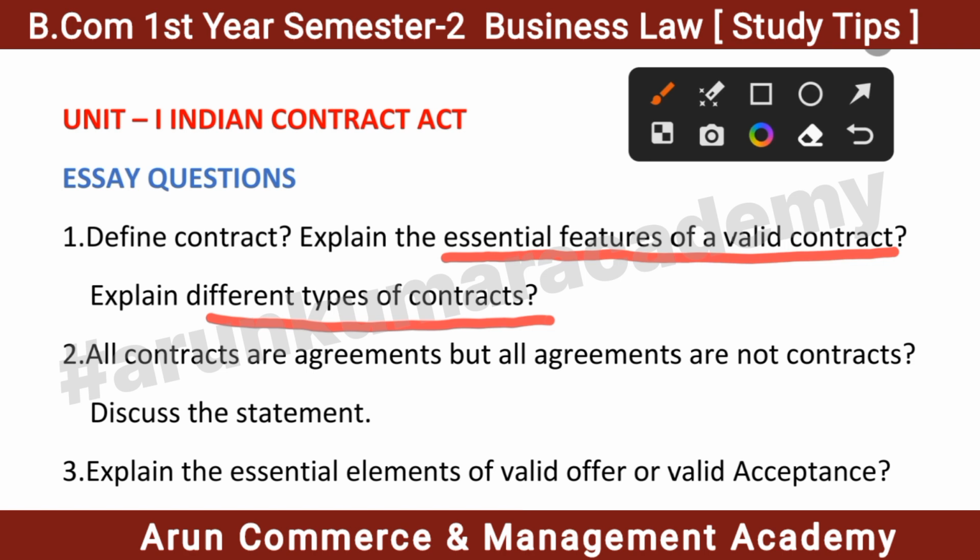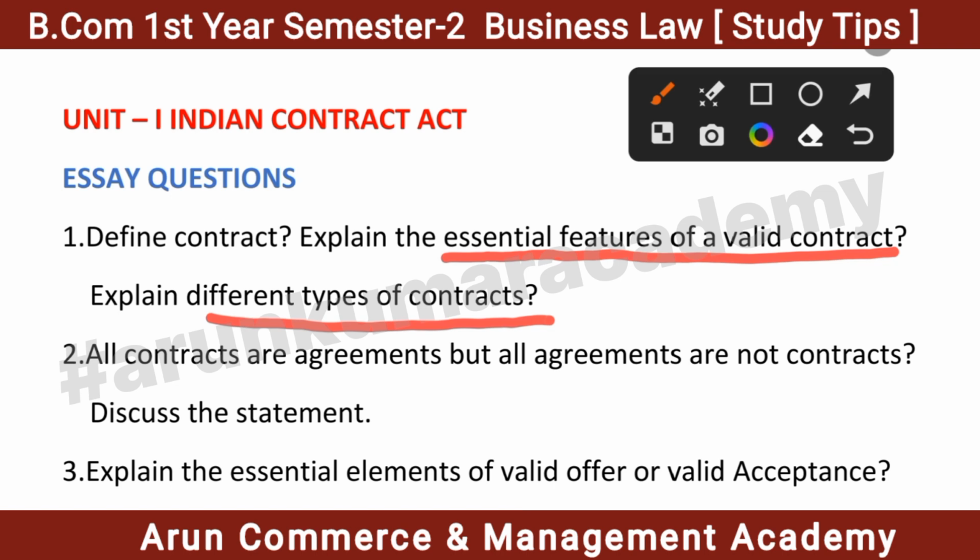And then sometimes you will get a question like explain the different types of contracts. It may come in short also. Among the types of contracts you may get any one question in Part A, or sometimes it may come in long also, like explain different types of contracts, meaning you need to explain all the types of contracts. Then sometimes we may get questions like, all contracts are agreements but all agreements are not contracts, discuss the statement.